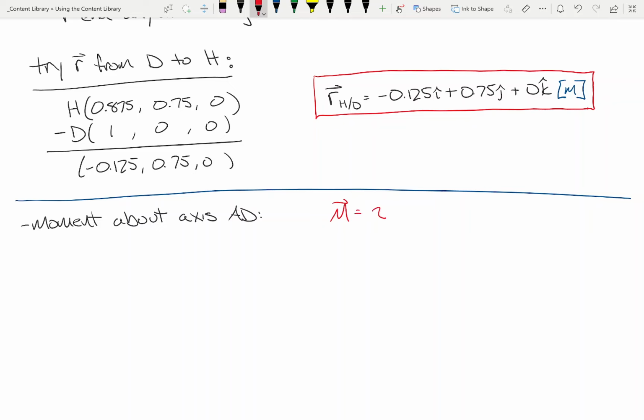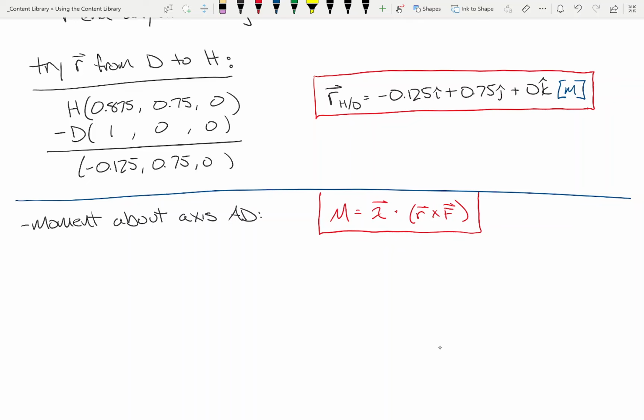It is this. Now, I want to be clear. If you can do R cross F and get an answer, you could dot it with that, and that'll work. By the way, I have a typo because that's not a vector. That's going to be a number. That's just M, not M with an arrow.